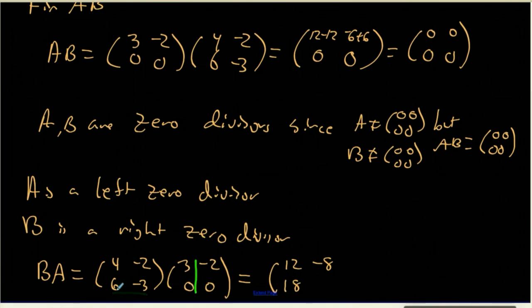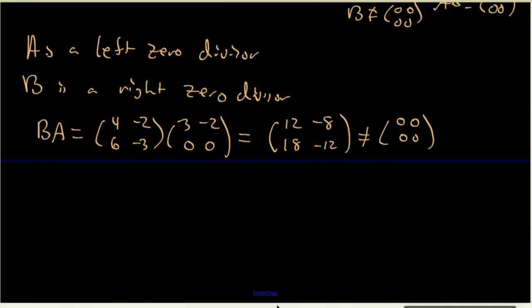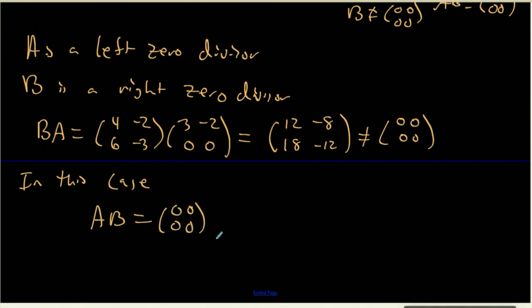And the final entry in our product is going to be this row dotted with that, and that's going to be a negative 12. And that matrix is certainly not the zero matrix. So with this pair of zero divisors, we have to have A on the left and we have to have B on the right. In other words, to just sum everything up, in this case, A times B is equal to the zero matrix, but B times A is not the zero matrix.